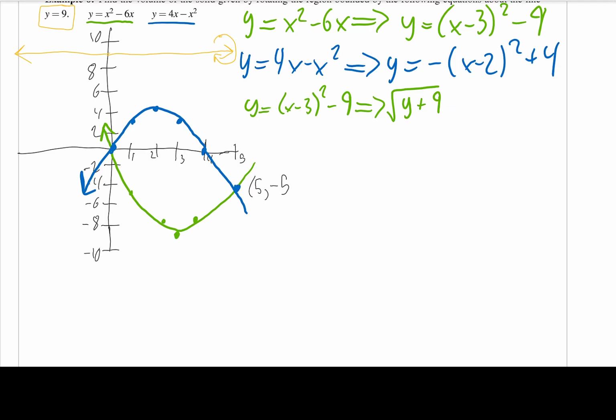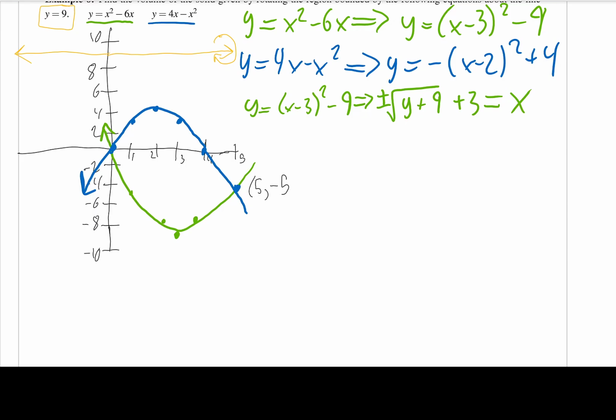So this becomes the square root of y plus 9 plus 3 equals x. And then the only thing that I'm missing is the plus or minus on my square root. Again, this plus or minus tells me if I'm taking the right half or the left half of this parabola. The negative being the left half, the positive being the right half. Okay.